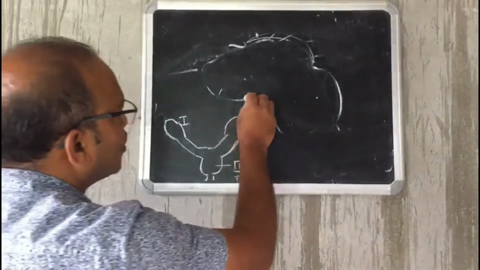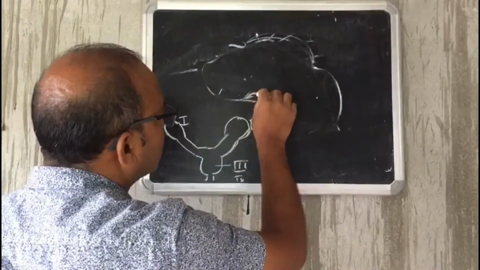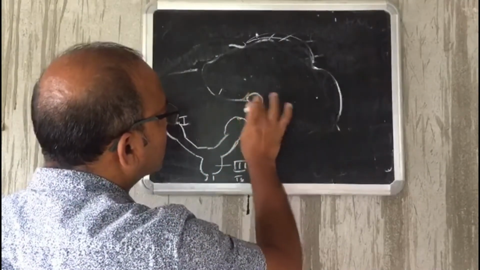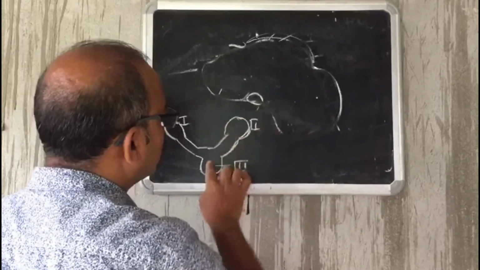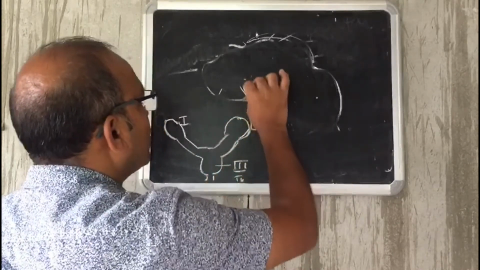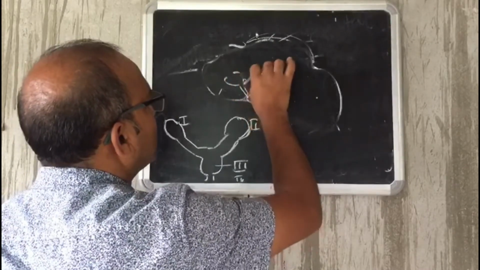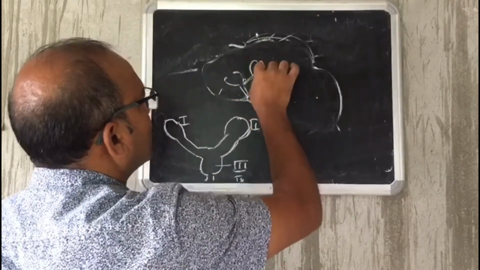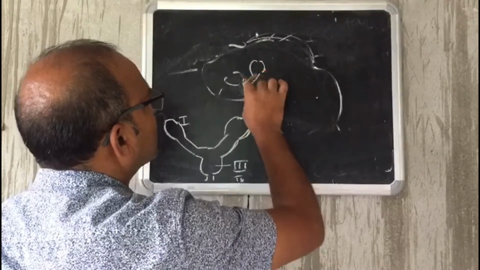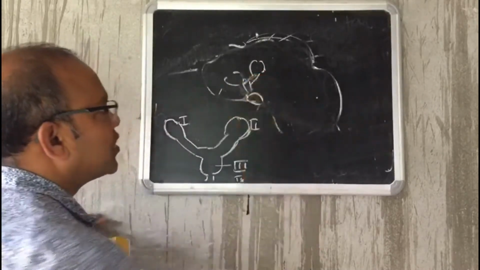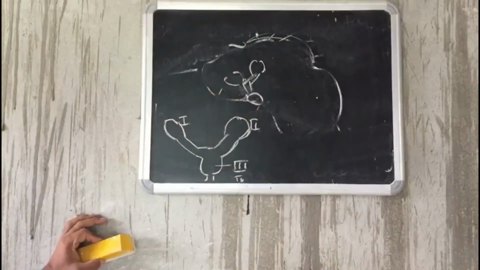Now here we have the third ventricle, which is this region. The ventricles are like this. The third ventricle is present here inside the brain.